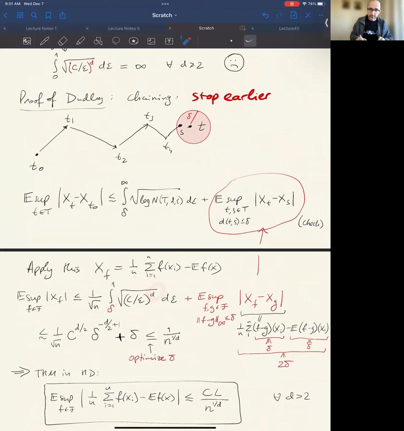If d equals 2, then we have c over epsilon. Then instead of this term, let's rewrite it. We'll not need it anymore. So now d cancels this square root. So we'll have something like log of 1 over delta, I believe, plus 2 delta.